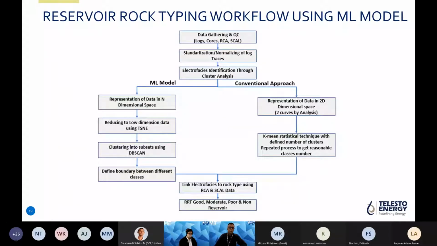Then we do the clustering using DBSCAN. Once the clustering is done, we define the boundaries. Once the boundaries are done, we link it, let us say, with a correlation with the core data, and then define the reservoir rock types as whether they are good, moderate, poor, or non-reservoir.